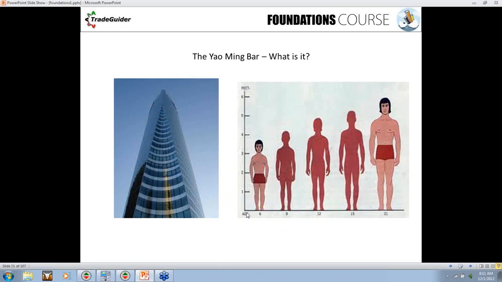So the Yao Ming bar, the skyscraper, the tall bar, the biggest bar on the chart in volume that we're looking at. Volume spikes. Remember at the beginning I said that volume is activity. It's the activity of the professional money, the big money.